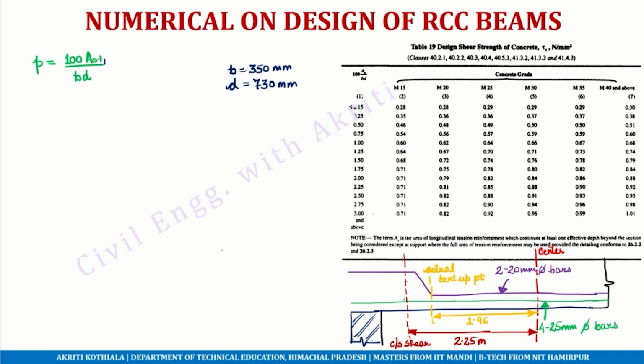So at this point, where we are considering the critical section, only 4 bars of 25 diameter are existing. So when we are calculating this design shear strength of concrete from table 19, we have to calculate it accordingly.